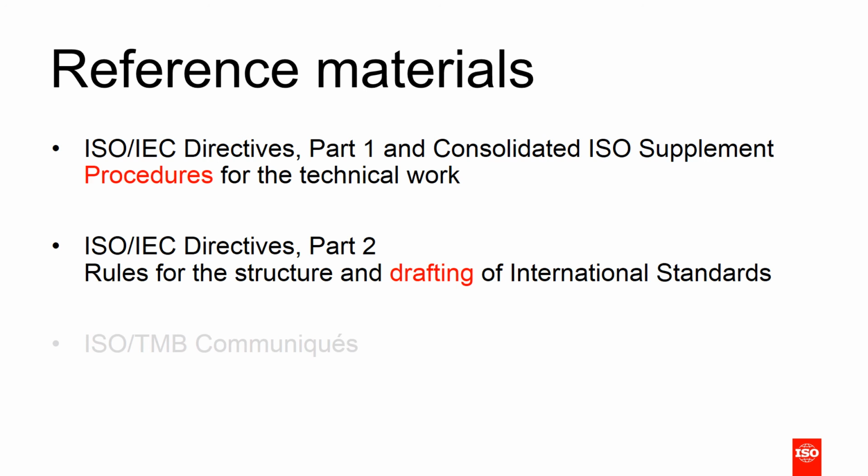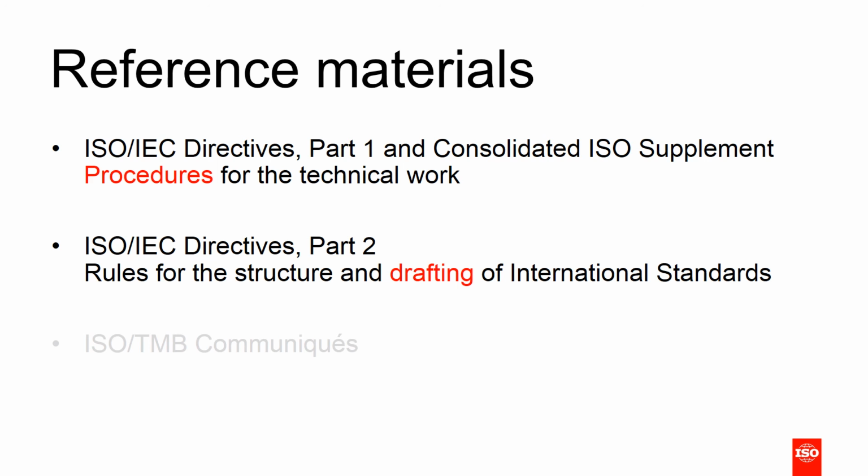We have an entire course that is dedicated to drafting of international standards, and this is course 4. All these documents are freely available, of course, in various formats, and can be found on our website, iso.org, by searching for directives and policies.